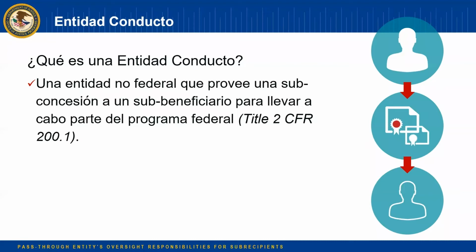So starting off first with the pass-through entity, a pass-through entity is a non-federal entity that provides a sub-award to a sub-recipient to carry out part of the program that they initially received from the federal agency. This term, for further review, can be found in the Uniform Guidance under 2 CFR Part 200.1, where you'll find all of the definitions in reference to the Uniform Guidance.